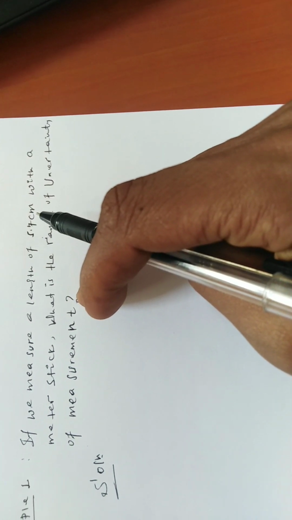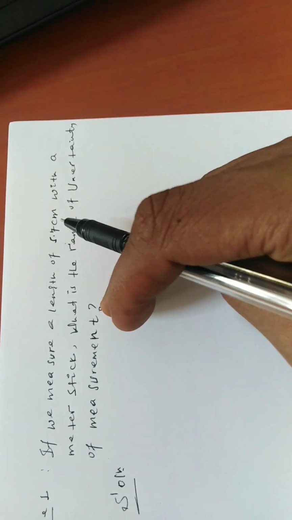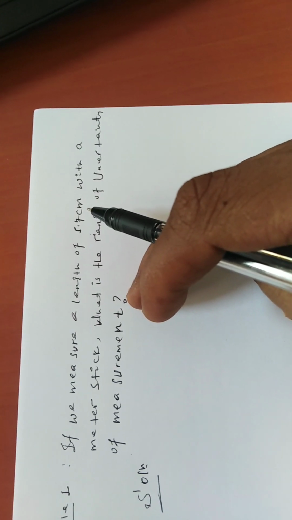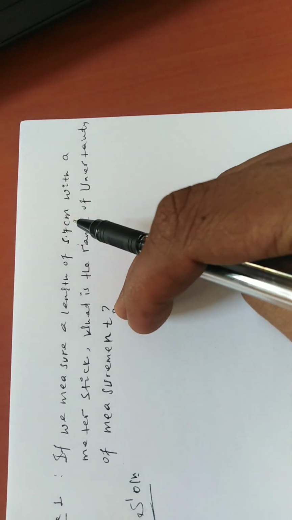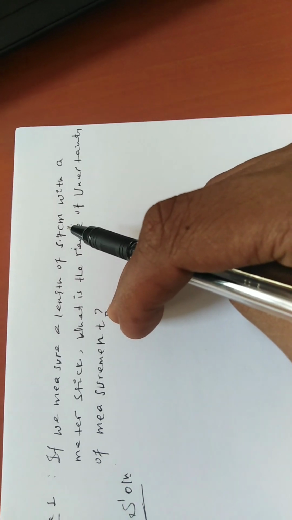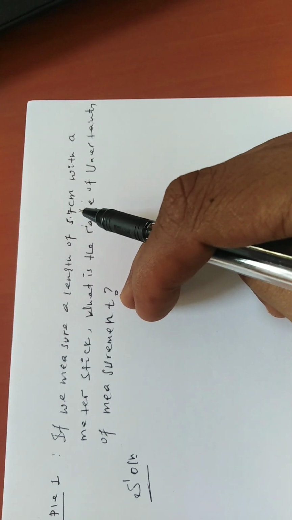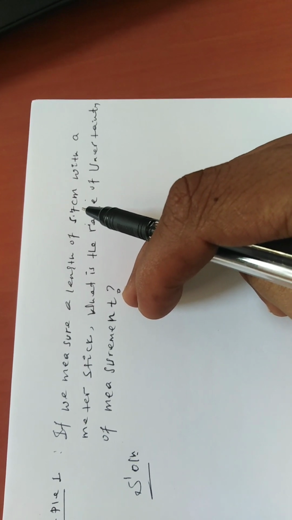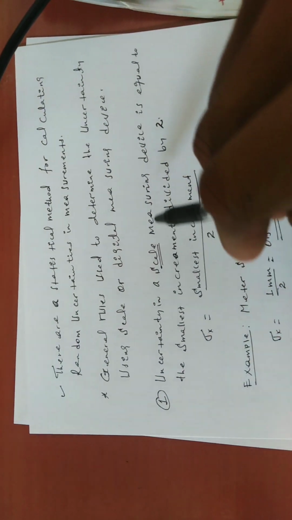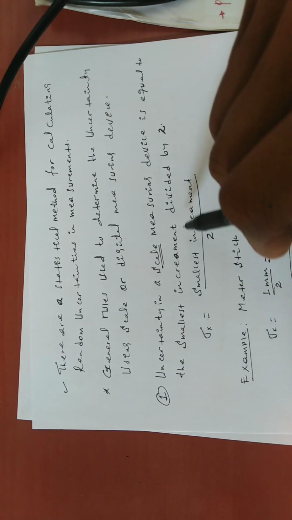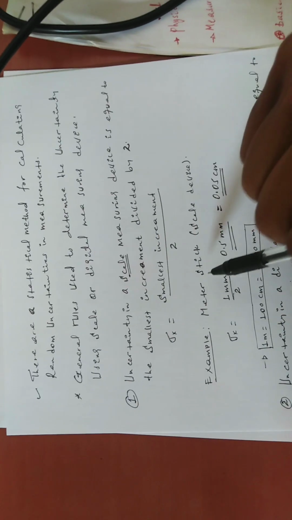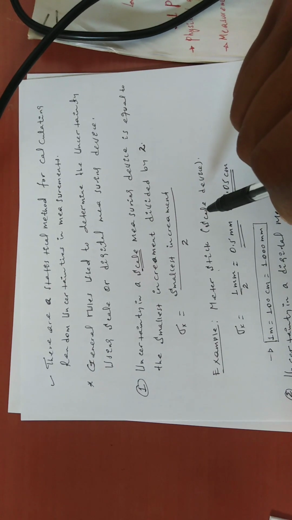In our last class, the uncertainty in scale measuring devices is the smallest increment divided by 2. Now let us see here. Uncertainty in scale measuring device is equal to the smallest increment divided by 2. For example, the meter stick is a scale device.